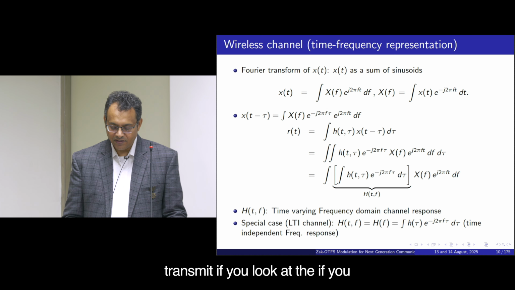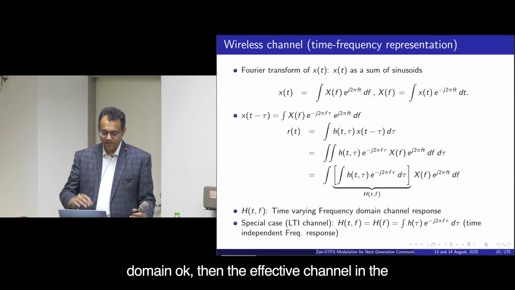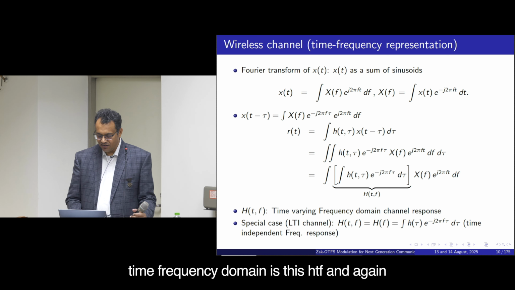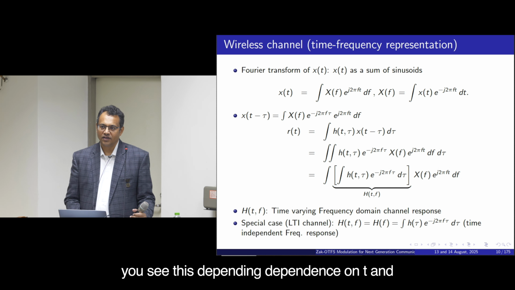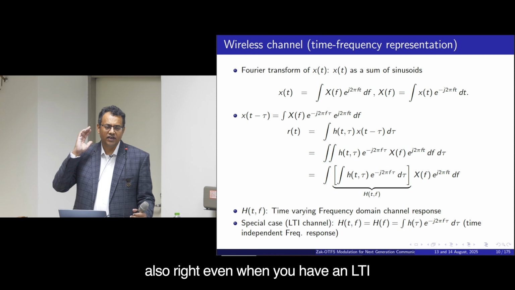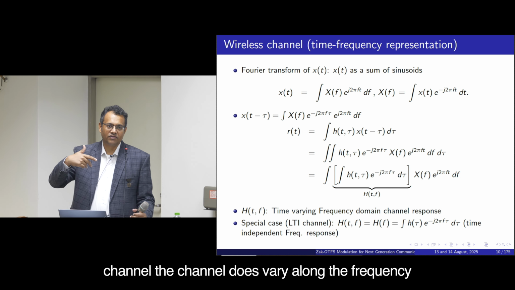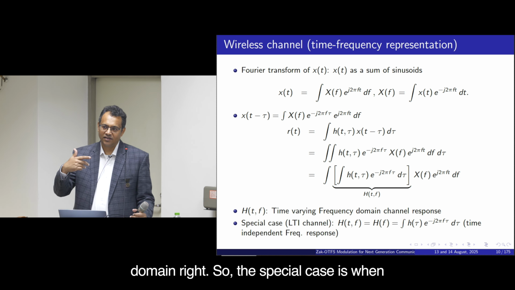If you look at the signal in the time frequency domain, okay, then the effective channel in the time frequency domain is this H(t, f), okay. And again you see this dependence on t, okay, and of course there is a dependence on f also, right. Even when you have an LTI channel, the channel does vary along the frequency domain, okay, right.